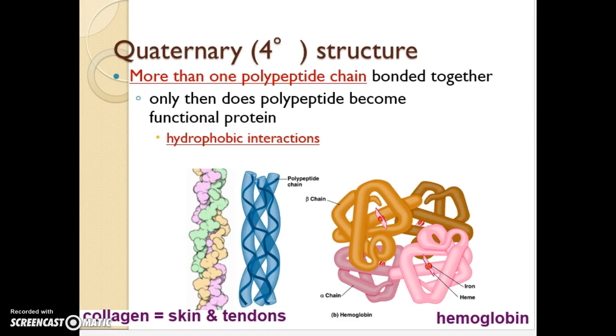And so this results from the grouping together of two or more polypeptide subunits, for example, like collagen, which is the fibrous protein that makes up our skin, or is a big part of our skin. And it's made up of three polypeptides that are supercoiled into a larger triple helix.